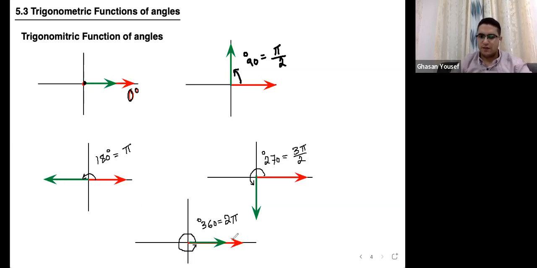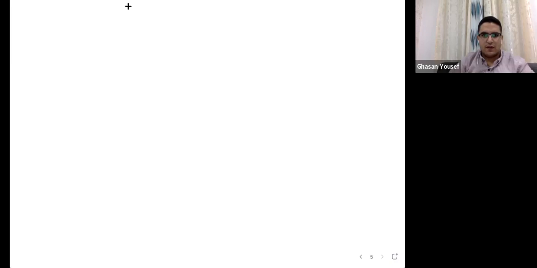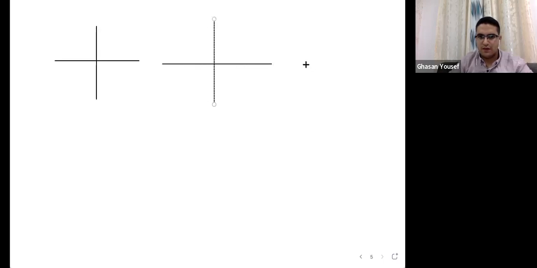Okay, any question for these graphs, for these angles? Also, we should know the acute angles, like 30, 45, and 60.